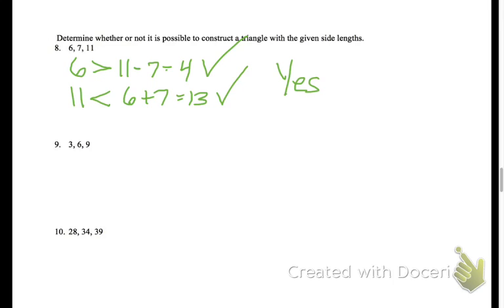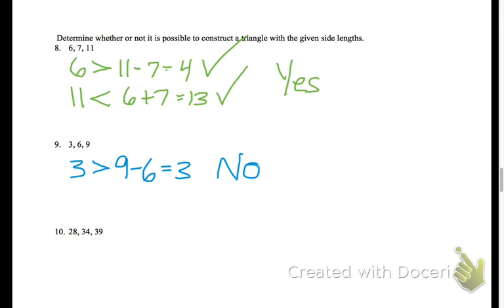Okay, 8 looks good. How about number 9? Our smallest side, 3. Is 3 greater than the largest minus the middle, which is equal to 3? And the answer is no. They're equal, but the smaller side 3 is not greater, so immediately we know this cannot be the side lengths of a triangle.